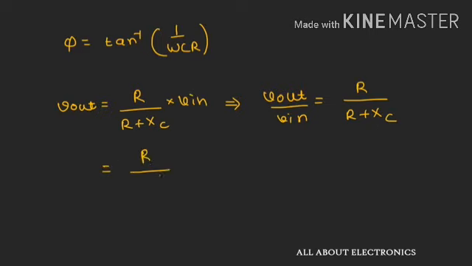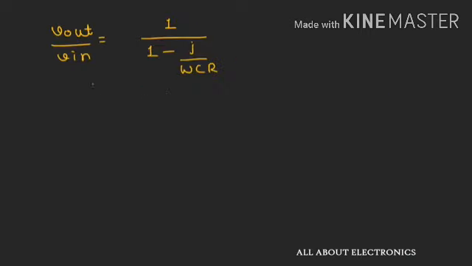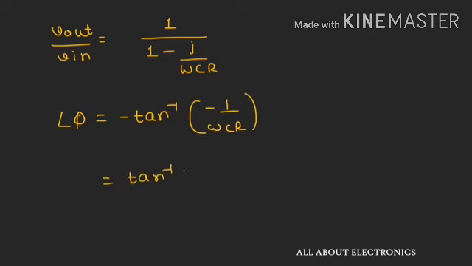So we will get R divided by R plus 1 divided by j omega C. If we further simplify it, then we can write it as 1 divided by 1 minus j divided by omega CR. This Vout by Vin is known as the transfer function of this high pass filter, and the phase of this transfer function can be given as minus tan inverse of minus 1 divided by omega CR, that is equal to tan inverse of 1 divided by omega CR.